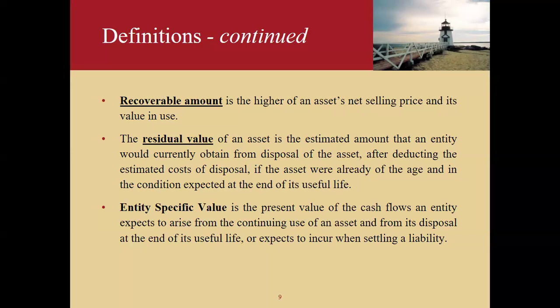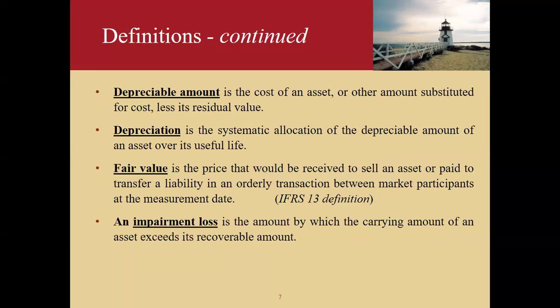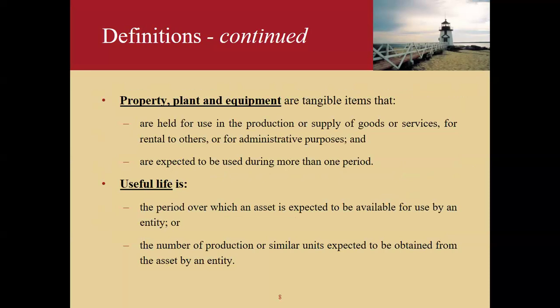Then the value in use. The value in use is basically what we've calculated before. Just to go back, value in use is what we've calculated as far as the asset is concerned, its useful life. What are we getting out of it? What is the entire amount from its use?